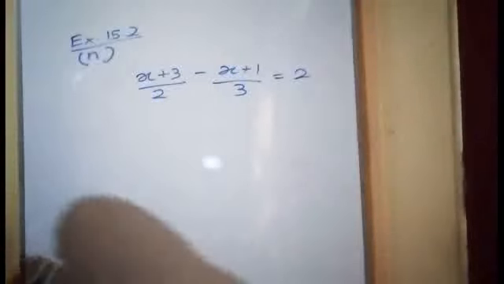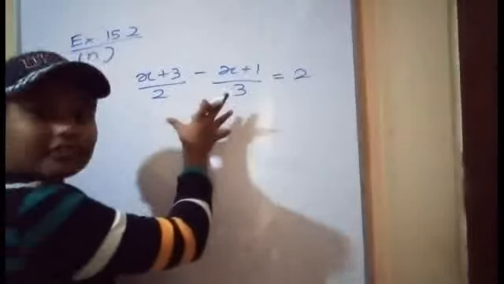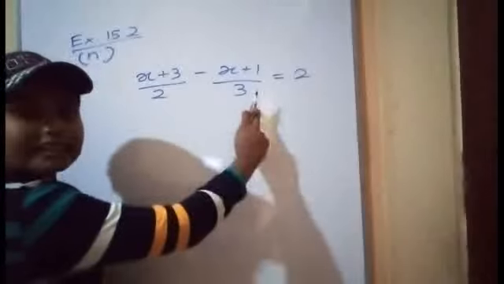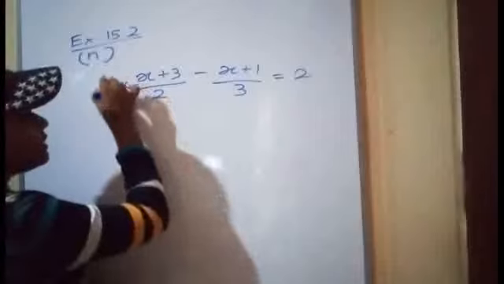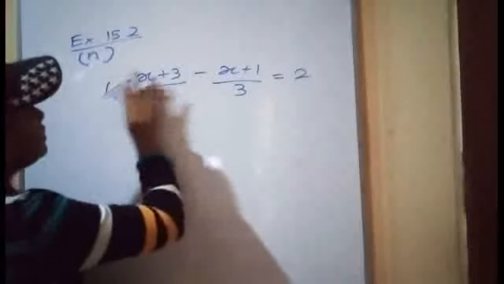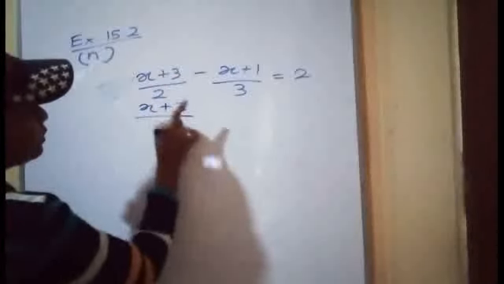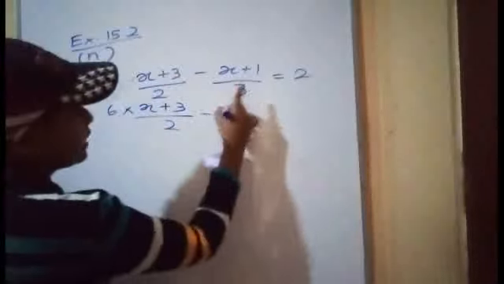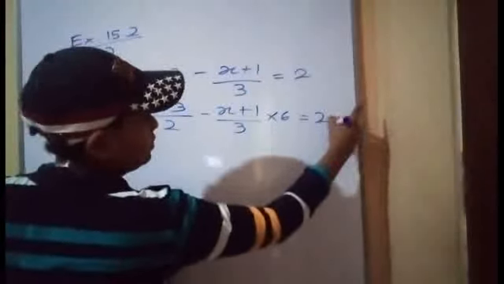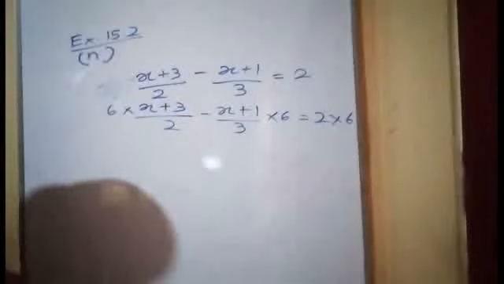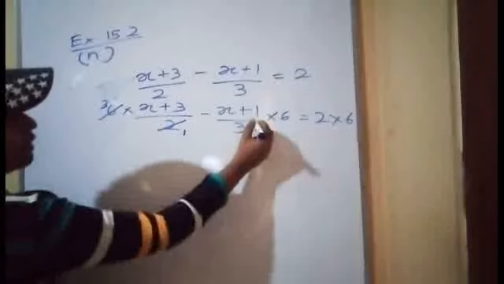Okay. So what are we going to do? Now we find the denominators are different. So what is the highest common factor? 6. We multiply both sides by 6. 6 divided by 2 is 3, and 6 divided by 3 is 2.